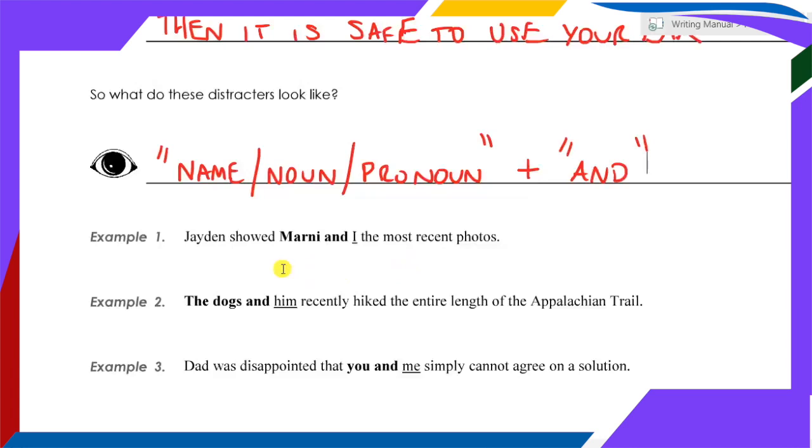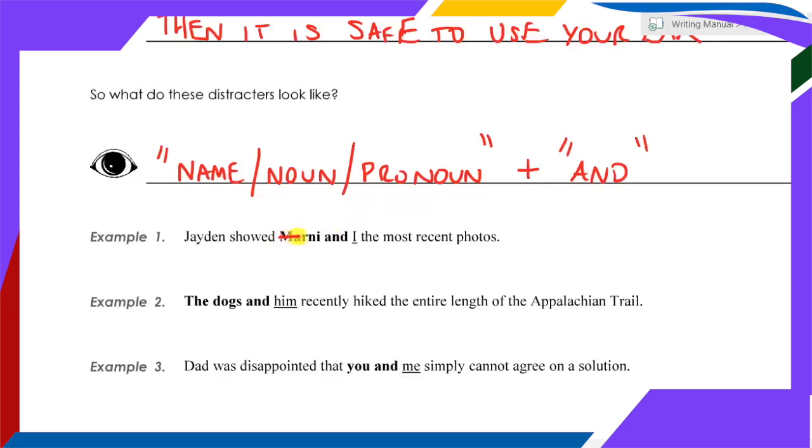So in example 1, if you read this sentence as it is offered to you, Jaden showed Marnie and I the most recent photos, most students would not have too much of a problem with that. If somebody came up to you and said that, you probably would not detect any grammatical mistake.